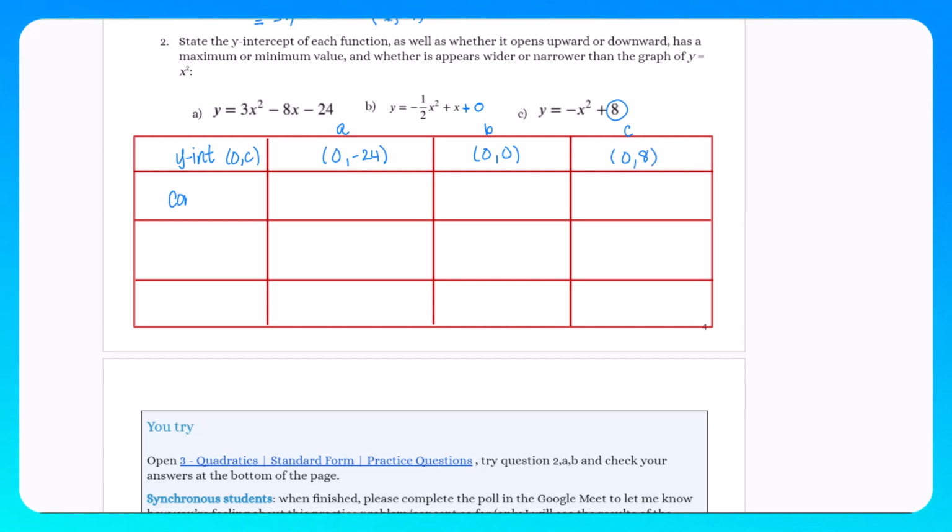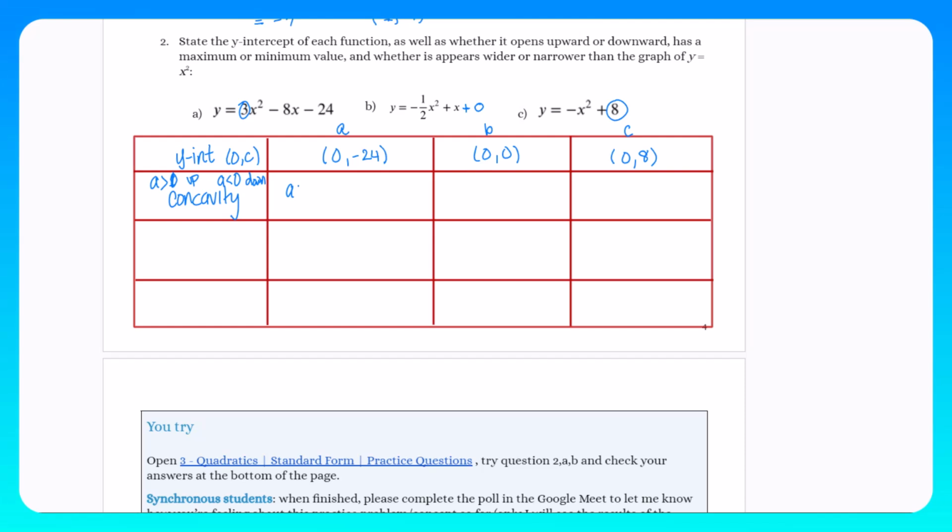What about concavity? Opening up or down? Well, we have to look at the a value. Remember, if a is greater than 0, it's opening up. If a is negative, in other words, less than 0, it's down. So what do we have here? For part A, we have 3.